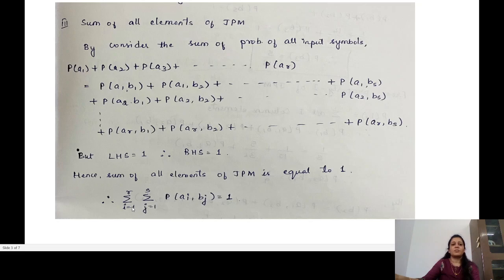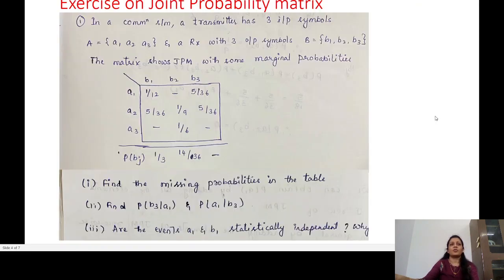So I am taking summation for i and j, P of Ai, Bj, where i varies between 1 to R, j varies between 1 to S, that is for output symbols, and its summation is always equal to 1. These are the three important properties of the joint probability matrix. Now based on these properties, let us try to solve a problem.